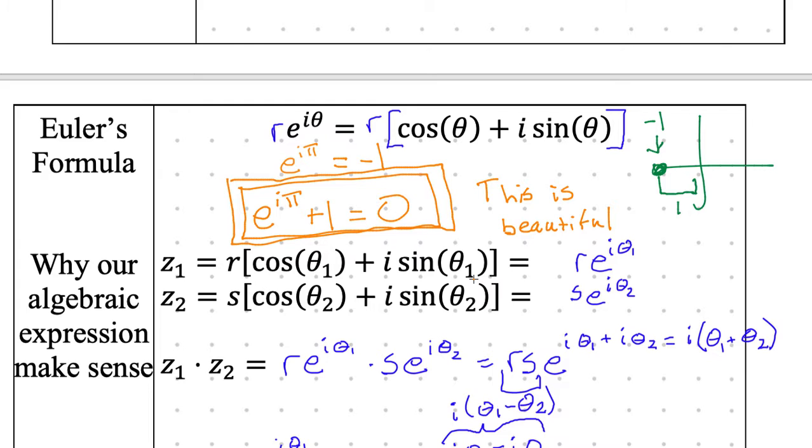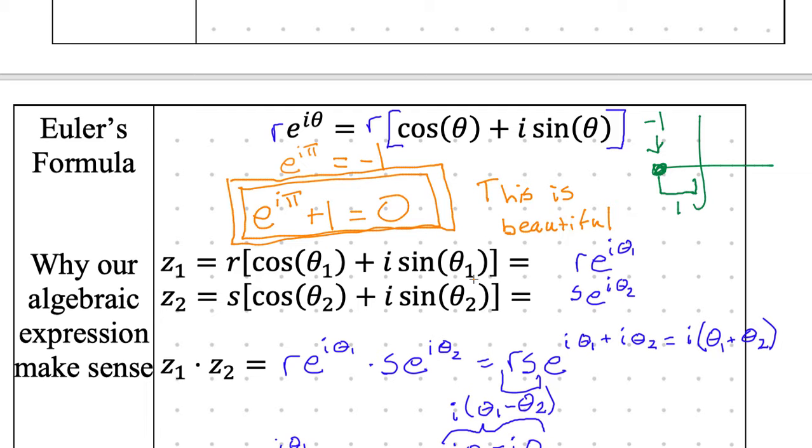He was the guy that did Bridges of Königsberg. He did so much. What's the formula? Euler's theorem.